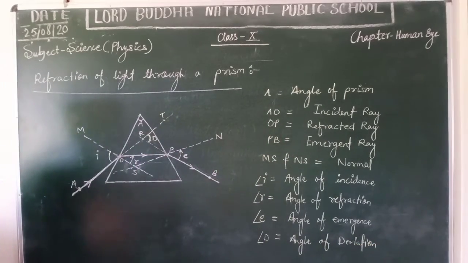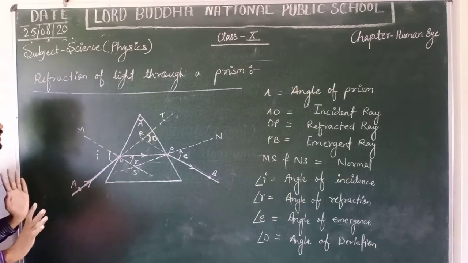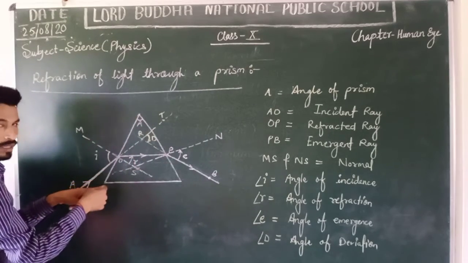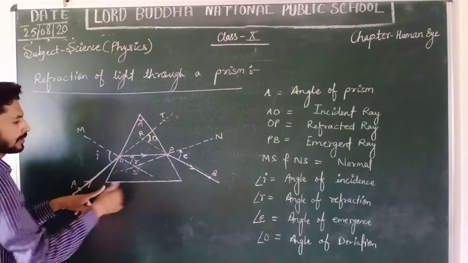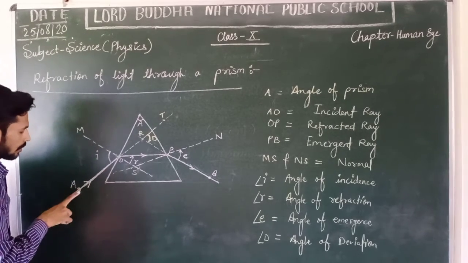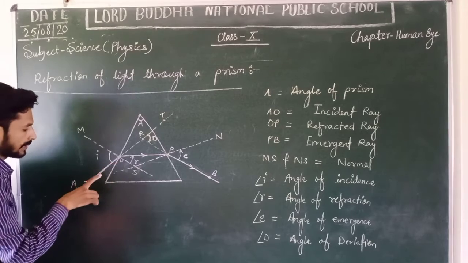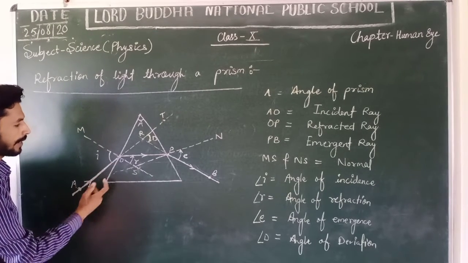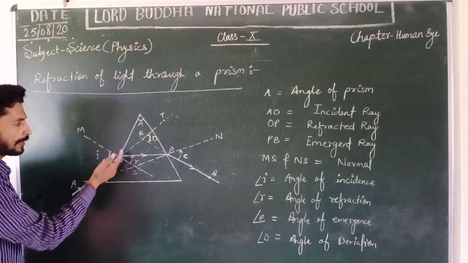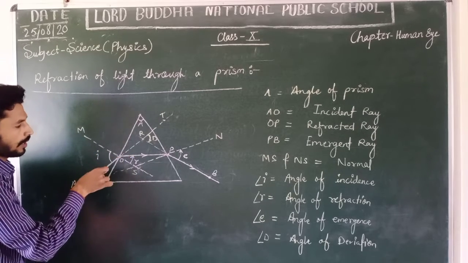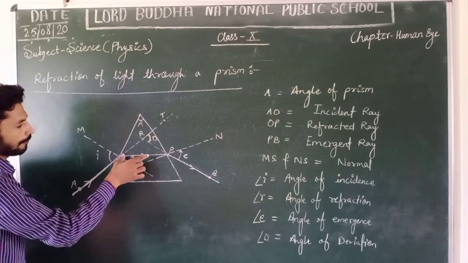Okay, so clear all the topics. First, this is a prism ABC. AO is the incident ray, and when the incident ray strikes the surface of this prism, it is refracted, and OP is the refracted ray.